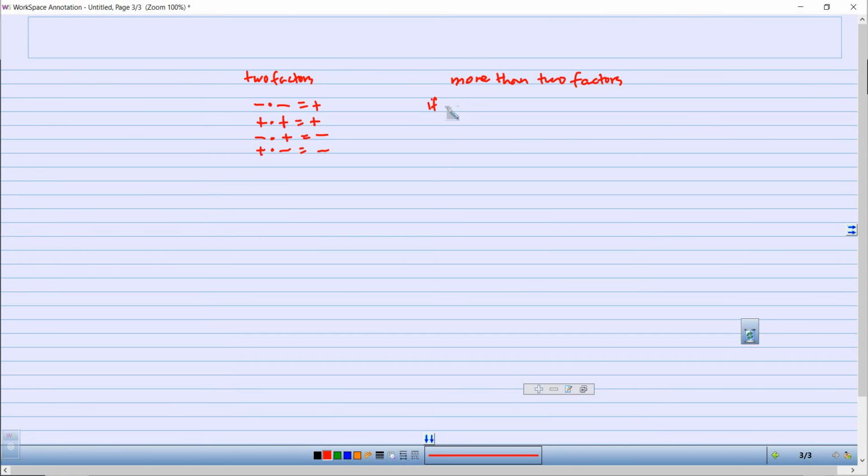So if the number of factors is even, then the product is positive, because if you think about it, every two negatives is going to make a positive when you multiply.